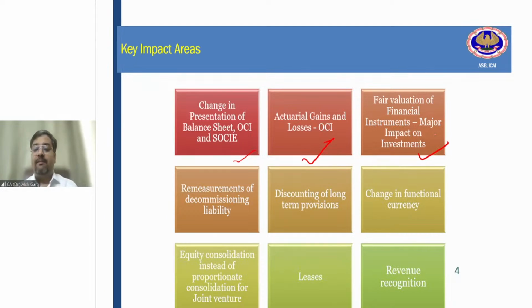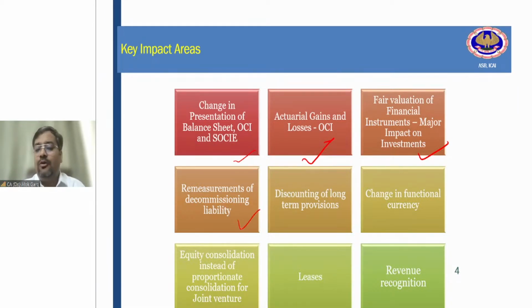All the listed companies of India having investment in government securities, mutual funds, or equity shares of other companies, these investments have been fair valued, right? Because these investments are either FVTOCI or FVTPL, and that impact has been taken to retained earnings at the date of transition.